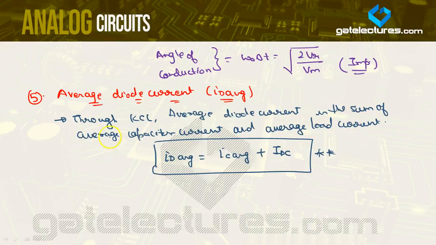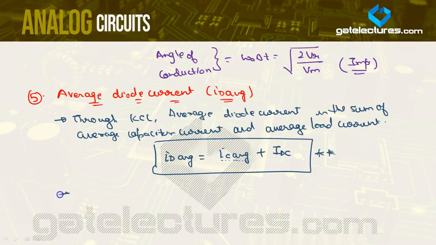Okay, so now we know everything about IDC, up till now, and the expressions corresponding to it. Now we have to calculate your average capacitor current.